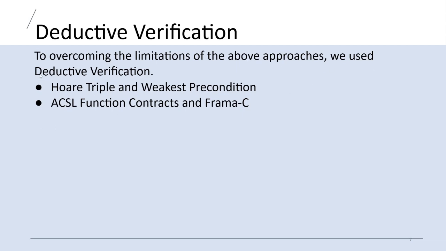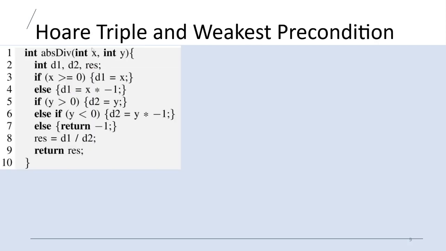They use deductive verification to overcome this. The first is the Hoare triple and weakest precondition. This is an example of the function called FBSDIV.